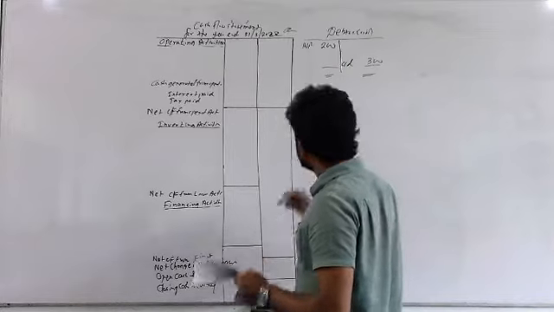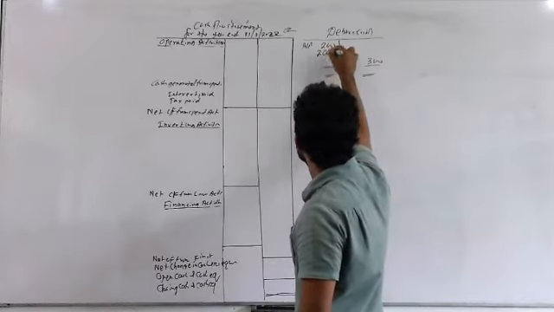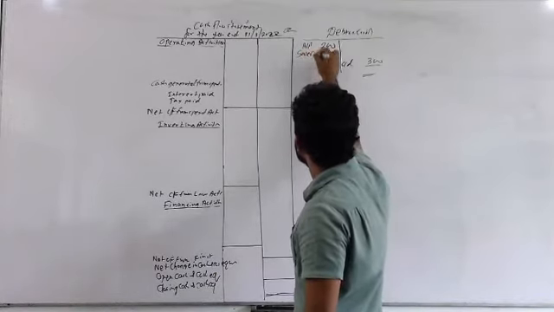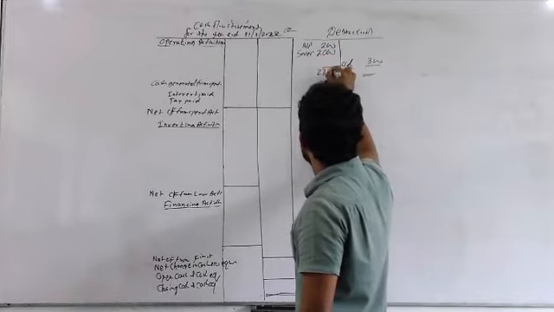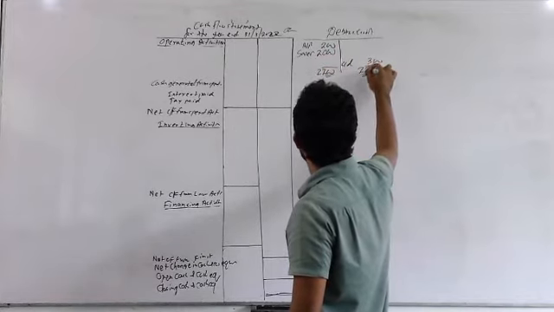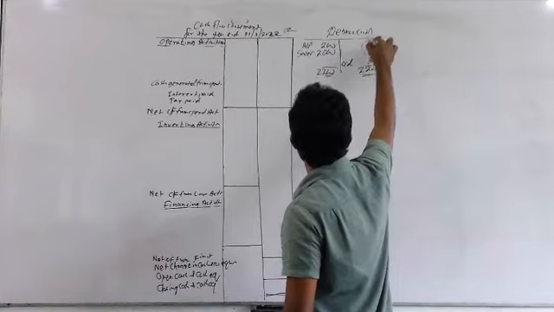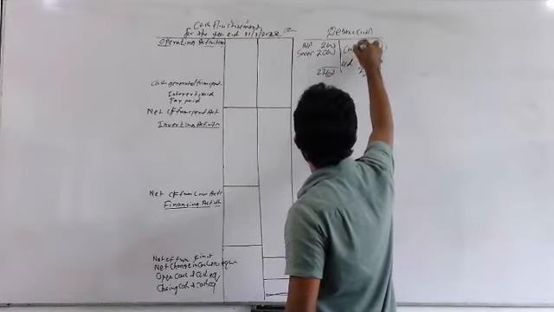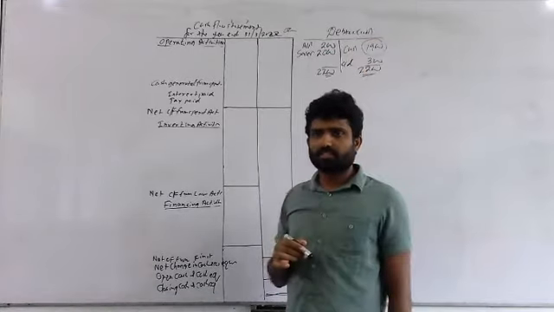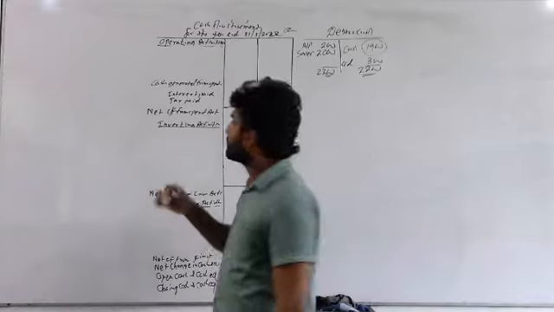Credit sales 2000. Balance this account, no more transactions with respect to debtors. Is cash received 1900? Yes. This is from debtors, 1900.